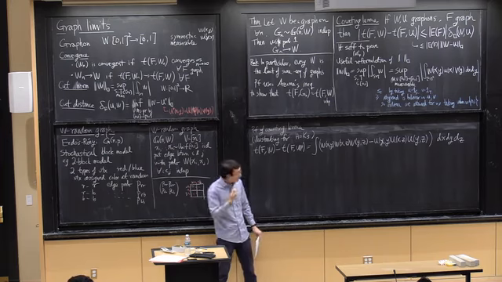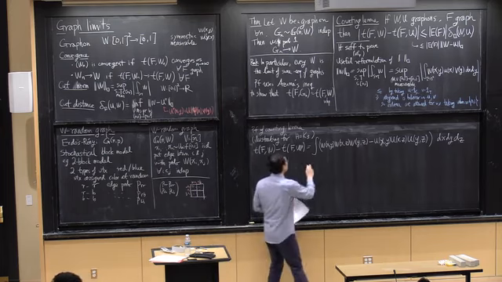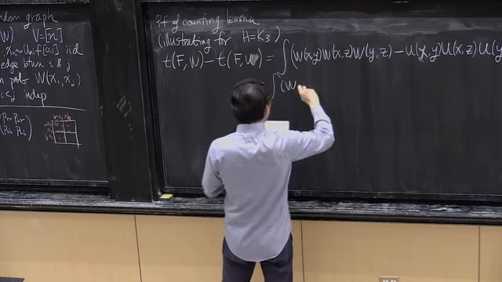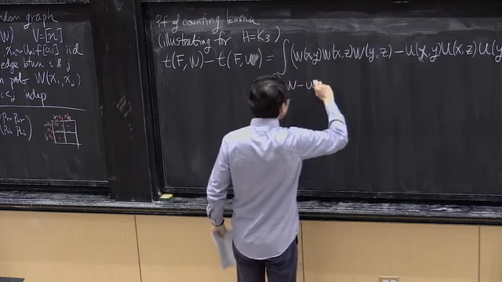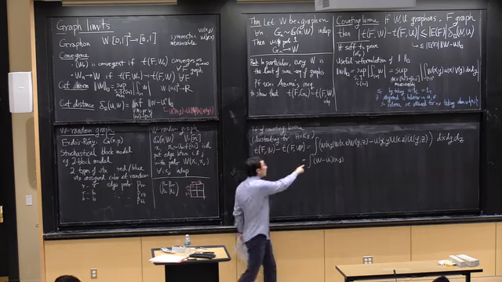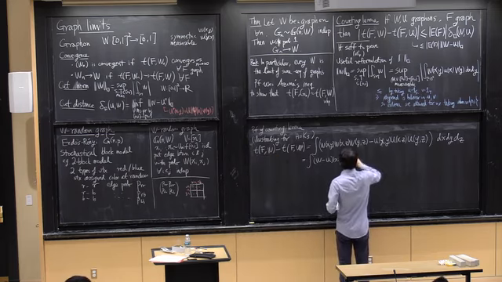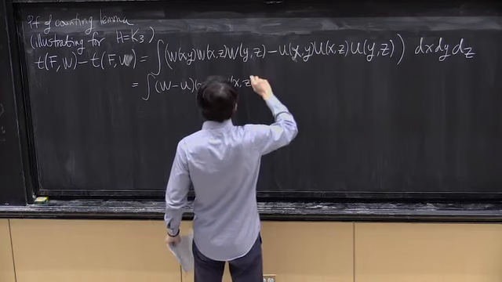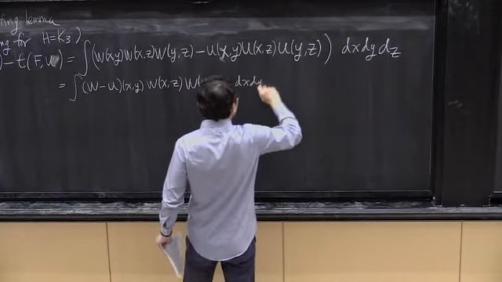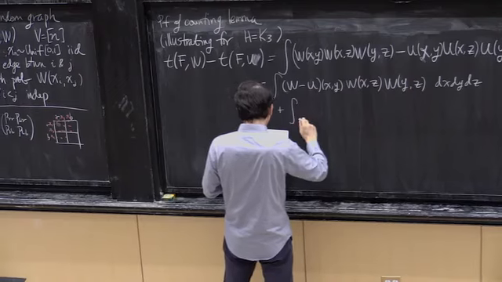So let's write this integral as a telescoping sum, where the first term is obtained by, I mean W of x comma y minus U of x comma y, and then the second term of the telescoping sum.